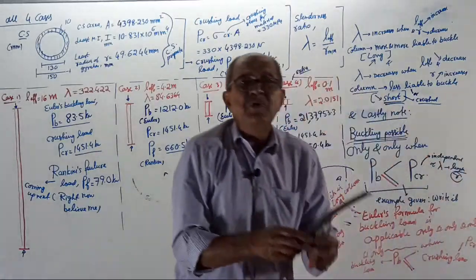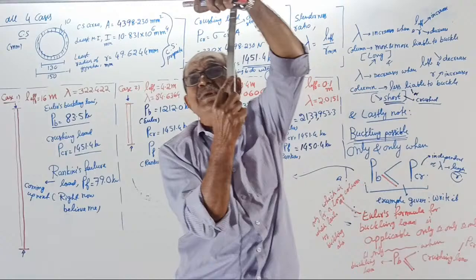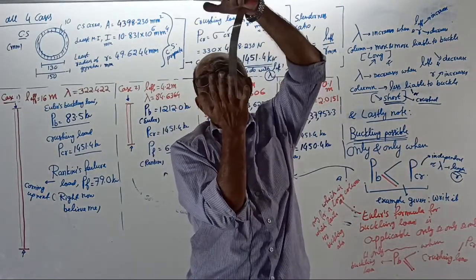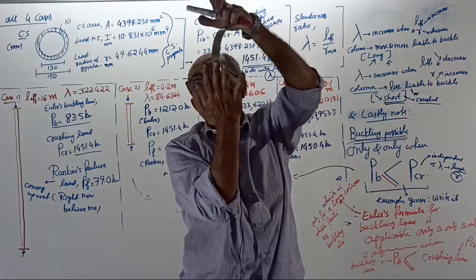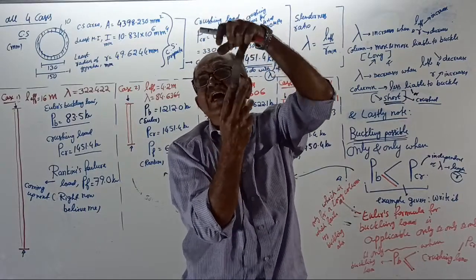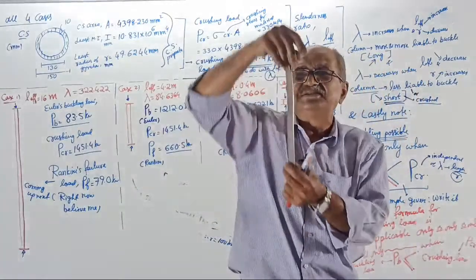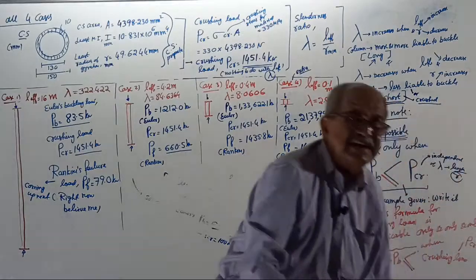And can you allow this column to fail by crushing? See now, as you apply the load, what happened here? It buckled, so when it buckled, it is finally gone. How can you crush? Can you crush this column? No, you cannot crush that one.